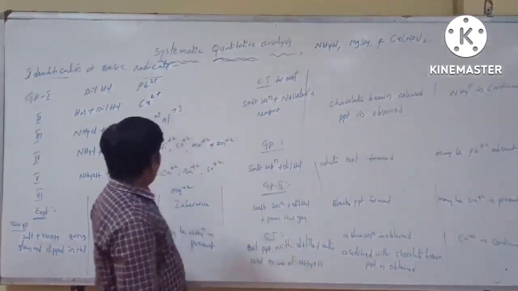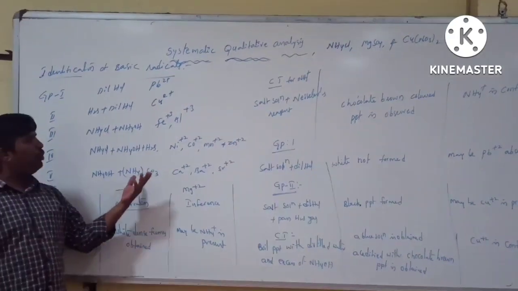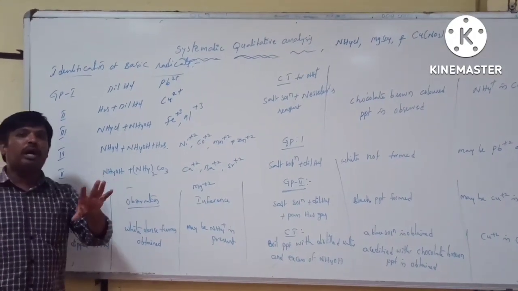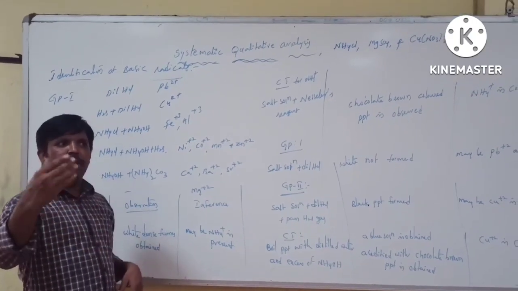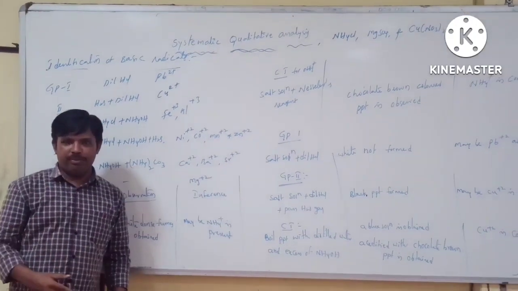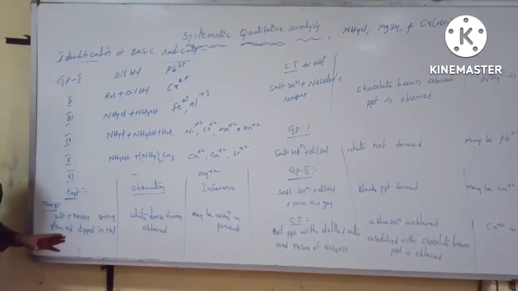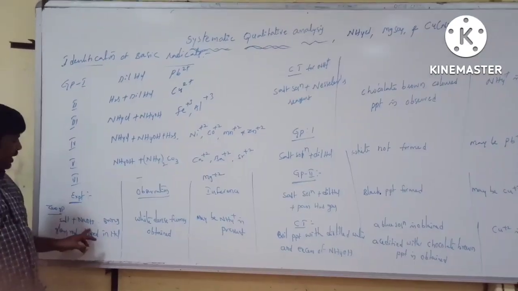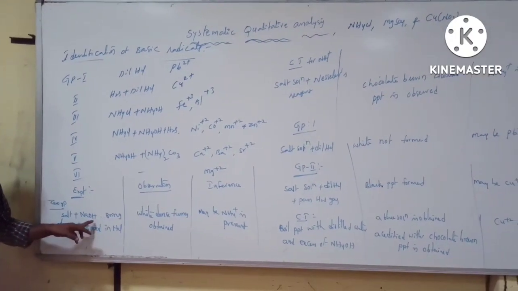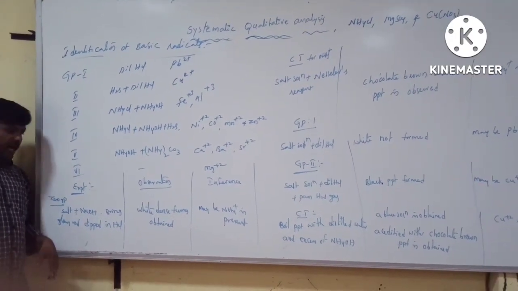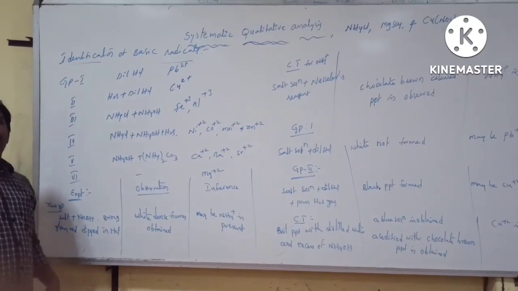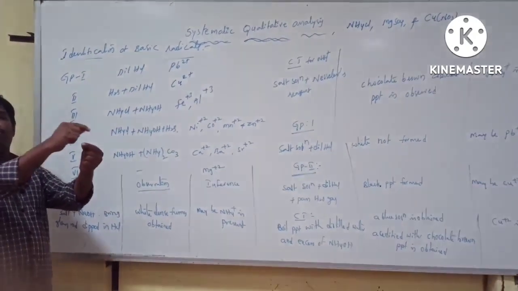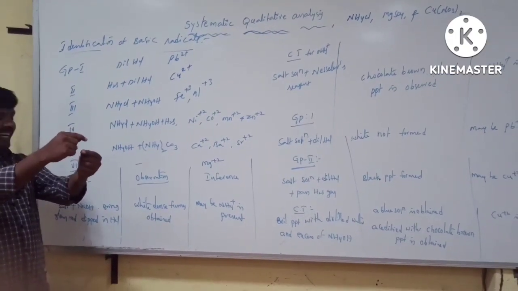Before doing the group reactions, first of all we have to do the zero group reaction, that means the test for ammonia. To the salt solution we add NaOH, sodium hydroxide, then bring a glass rod dipped in HCl solution to the mouth of the test tube.